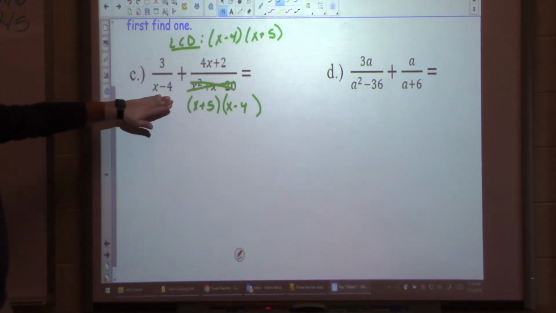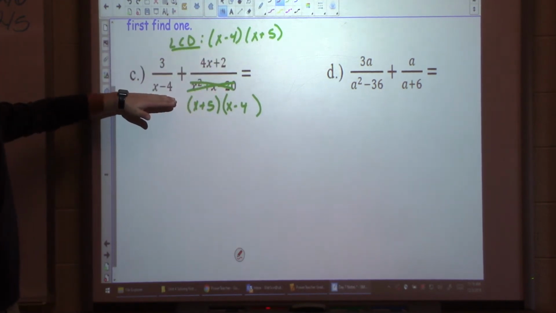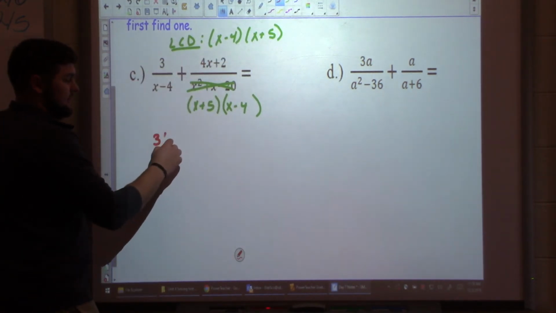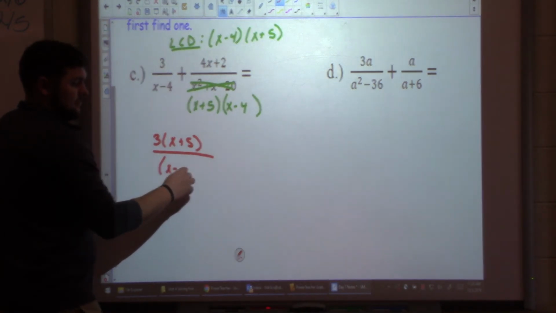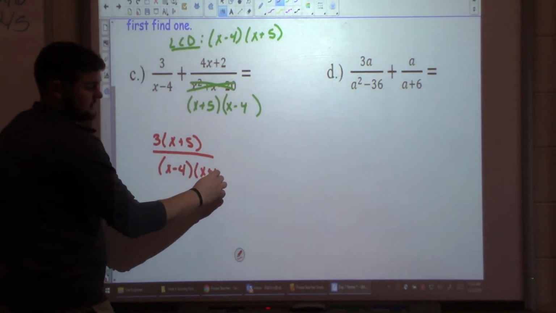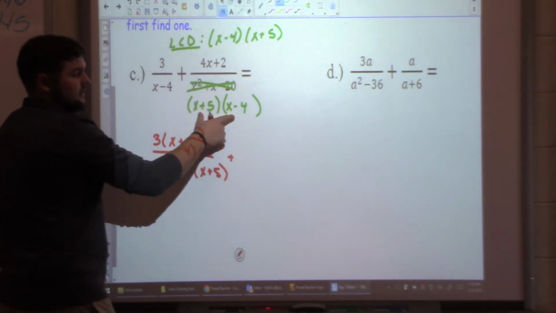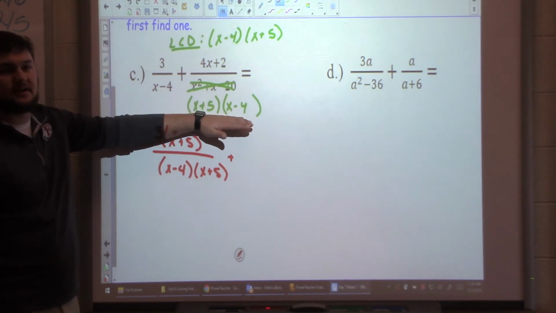Well, if I look at my first denominator, I have x minus 4. I'm missing what? X plus 5. So I'm multiplying top by x plus 5 and bottom by x plus 5. Plus, I look here, I have both x plus 5 and x minus 4 already in this denominator.